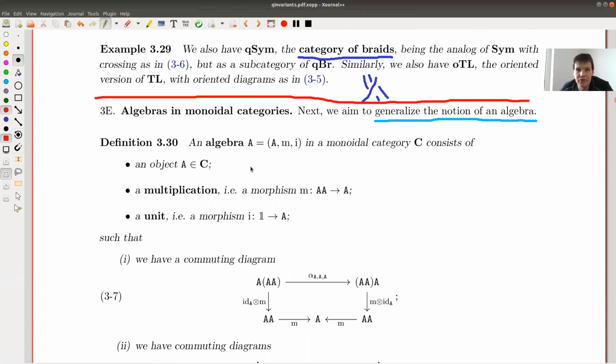So an algebra in a monoidal category is a triple: an object A, a multiplication morphism from A tensor A to A, and a unit morphism from the monoidal unit to A.